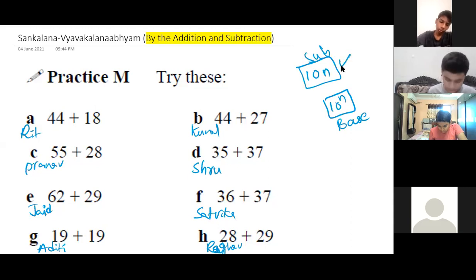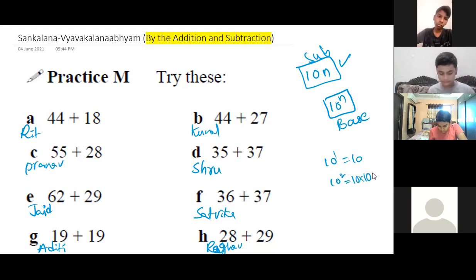Sometimes we will also call them base numbers only. 10 power 1 is 10, right? 10 power 2 is nothing but 10 into 10.